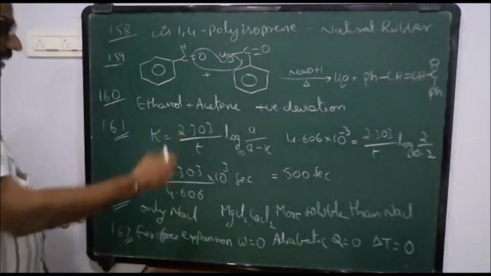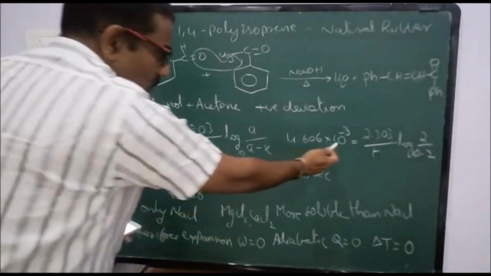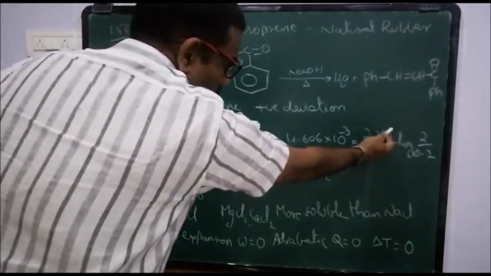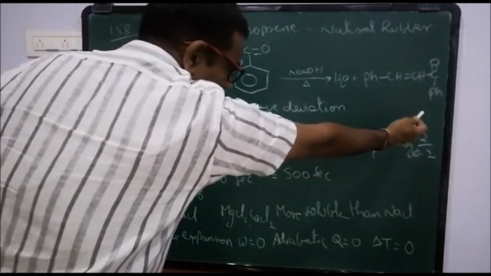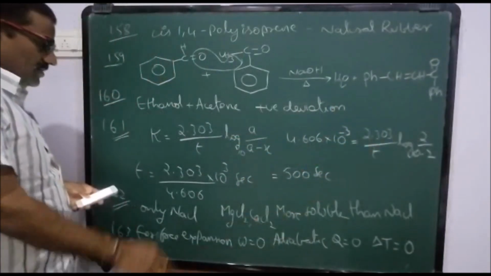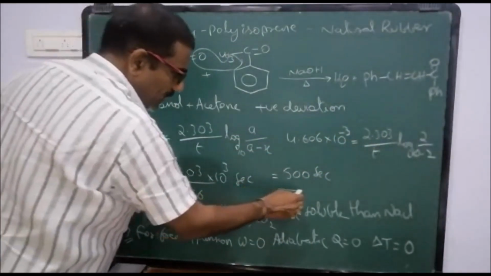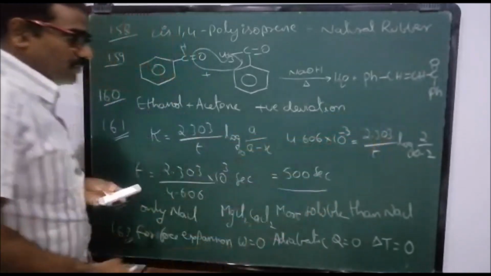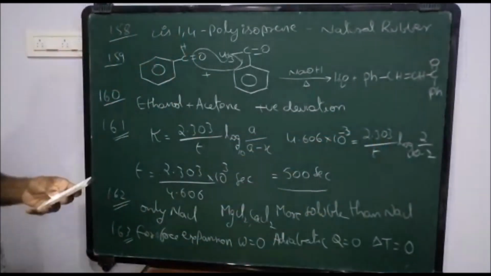Here we have to find the time, and K is given as 4.606 into 10 power minus 3, equal to 2.303 by t, logarithm of initial concentration 2 and the left concentration 0.2. On solving you get the time required for this conversion of 2 to 0.2 is 500 seconds.